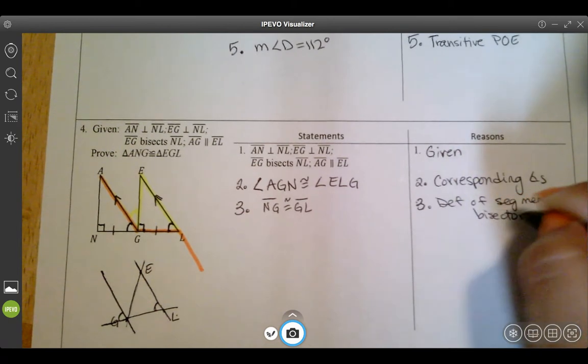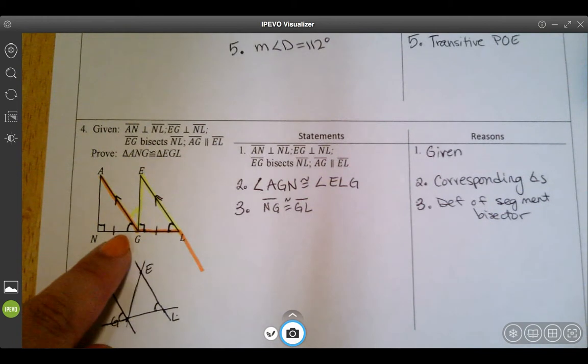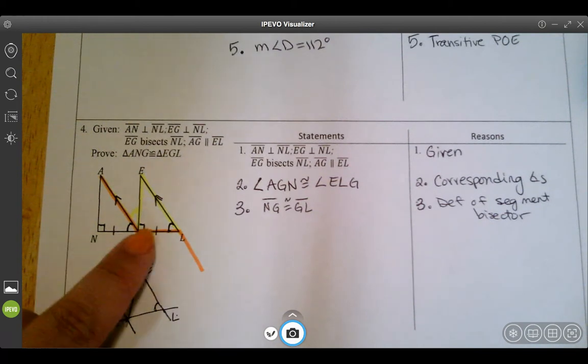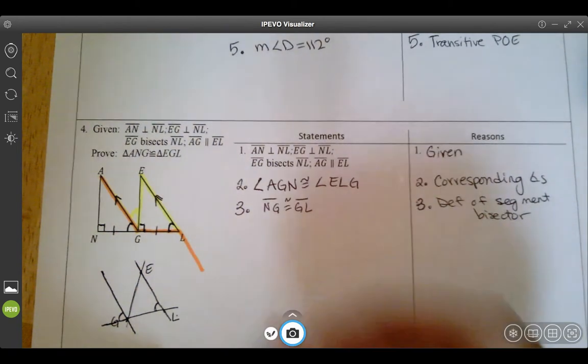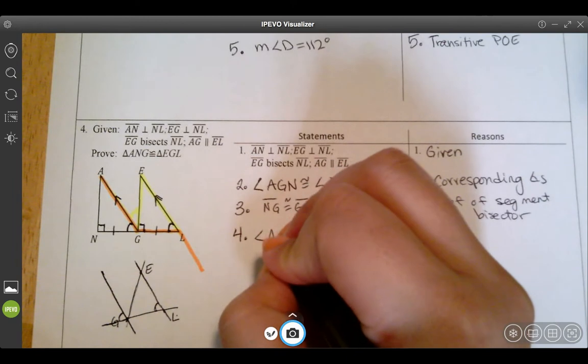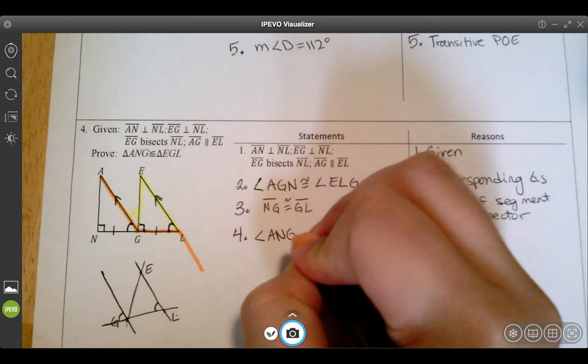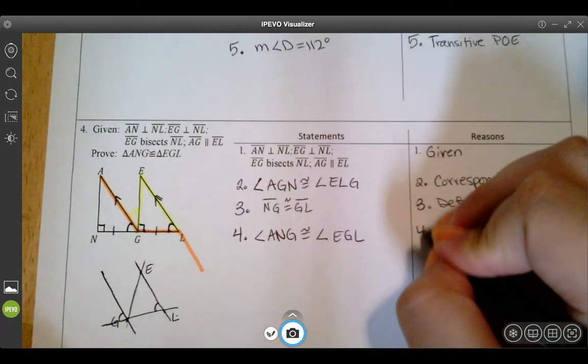Okay, so we have an angle, we have a side, and we have these right angles marked, but we haven't said that they're congruent yet, so that should be our next step. Step 4, angle ANG is congruent to angle EGL. And why can we say that?